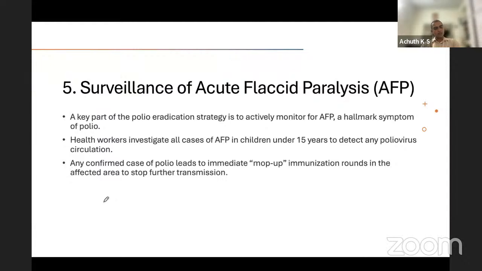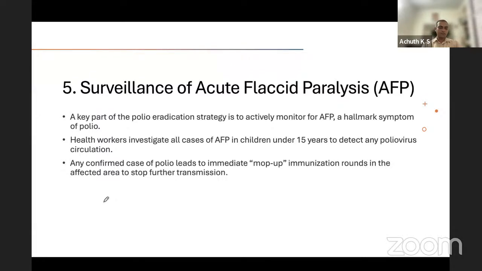Apart from these, the staff who conducted the pulse polio immunization were also supposed to do surveillance for acute flaccid paralysis. Why? To check whether there is any infection of polio and to investigate all the cases of acute flaccid paralysis in children.